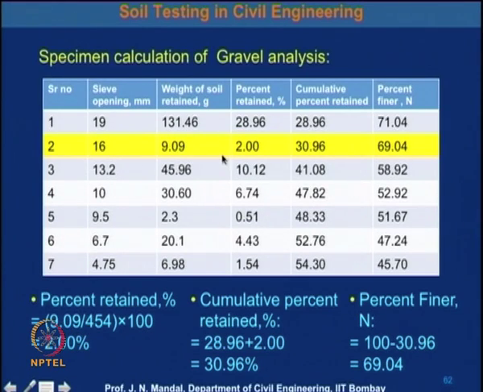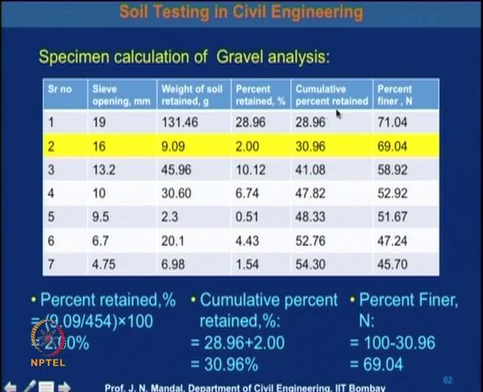131.46, 9.09, 45.96, 30.60, 2.3, 20.1 and 6.98. And this is the percentage retained: 28.96, 2.00, 10.12, 6.74, 0.51, 4.43 and 1.54.